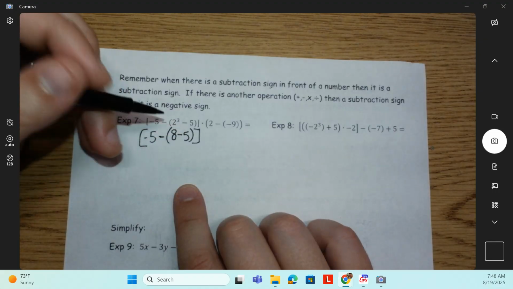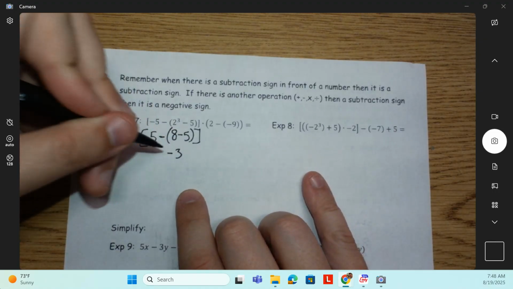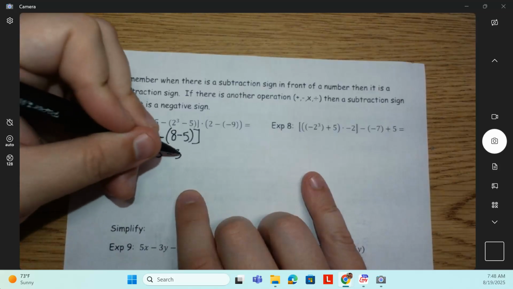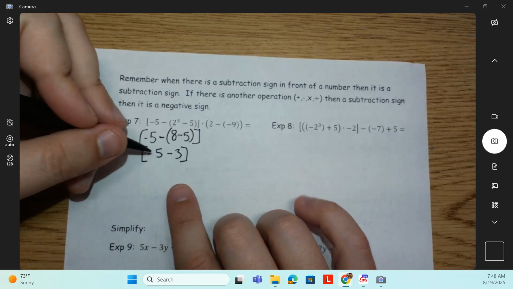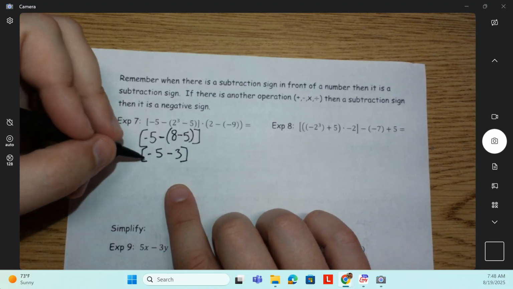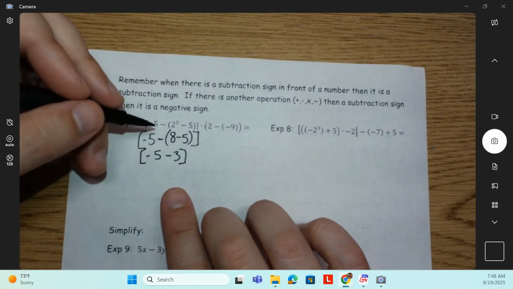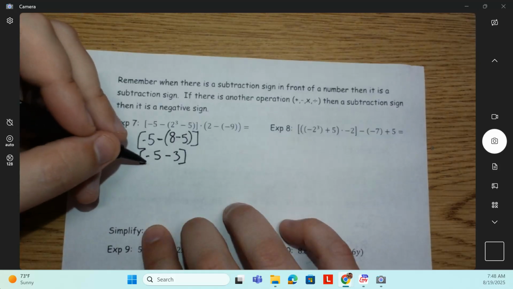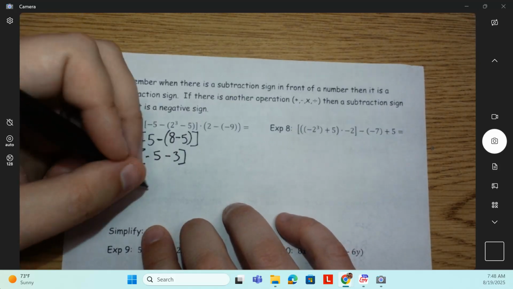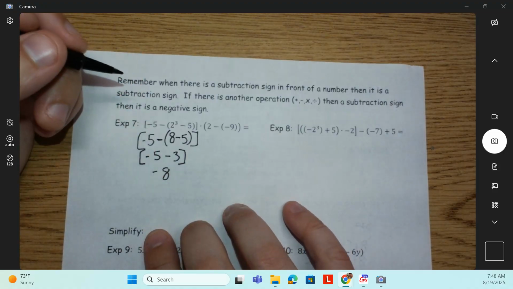So doing 8 minus 5 gives me 3. And so I have negative 5 minus 3. And remember, if I've got 2 negatives, I'm going to add it together and keep the sign. So negative minus a number is going to make it more negative. It's like you've lost $5 and then you lose 3 more. Like things are just getting worse. So that ends up as negative 8.